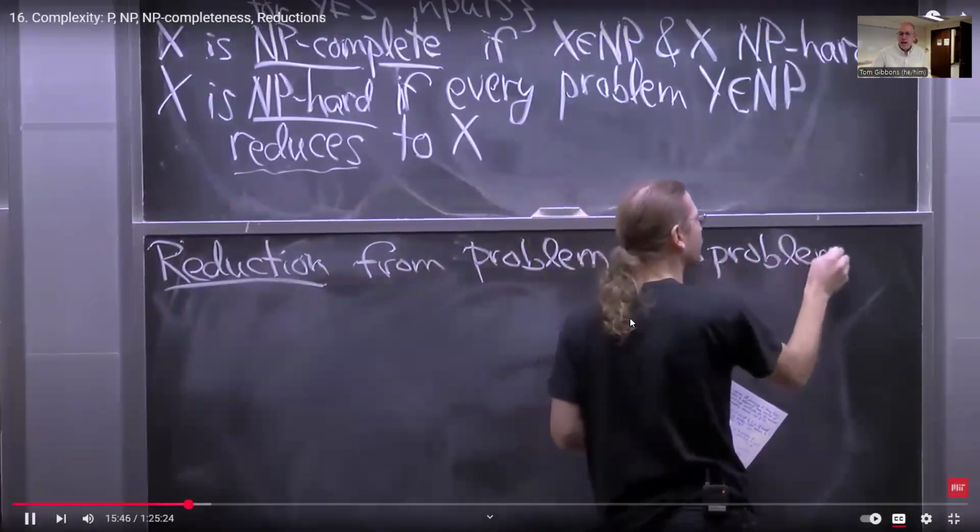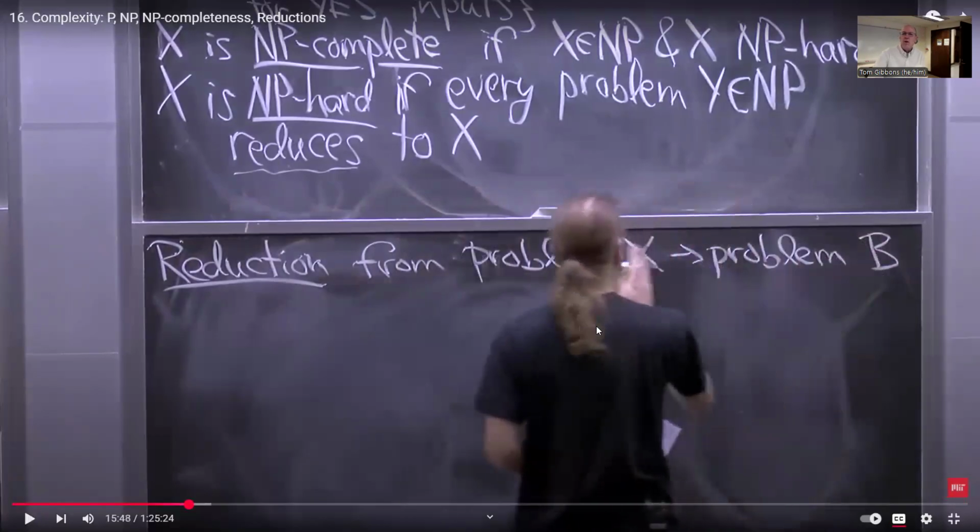So what he's getting at is that we're going to be showing that a problem is NP complete. One of the things is it has to be in NP, so that given a solution we can show that the solution is correct in polynomial time. So that's the first step.